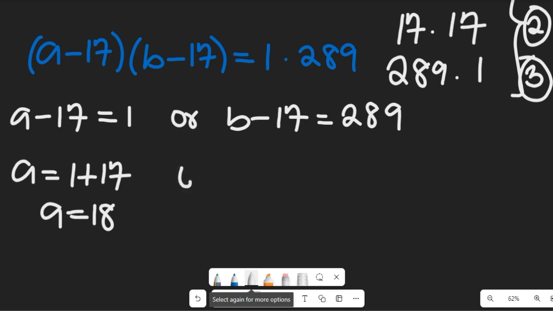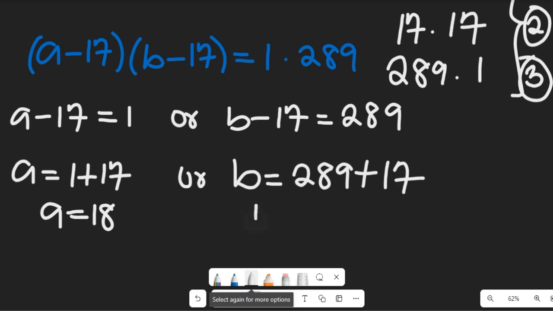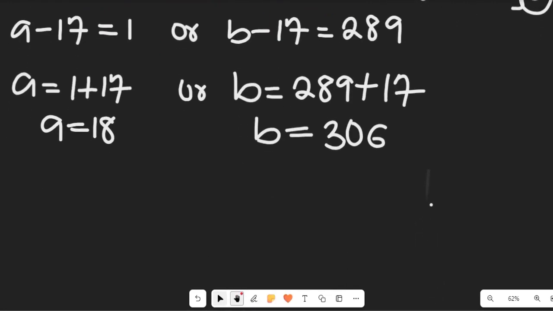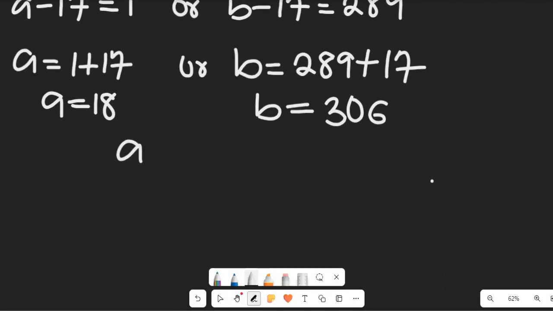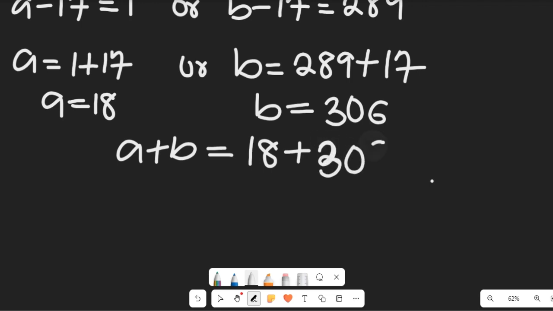That's case 1. Or I can have B equal to 289 plus 17, and then B will be equal to 306, right? So from this expression, we can see that A plus B can be equal to 18 plus 306.